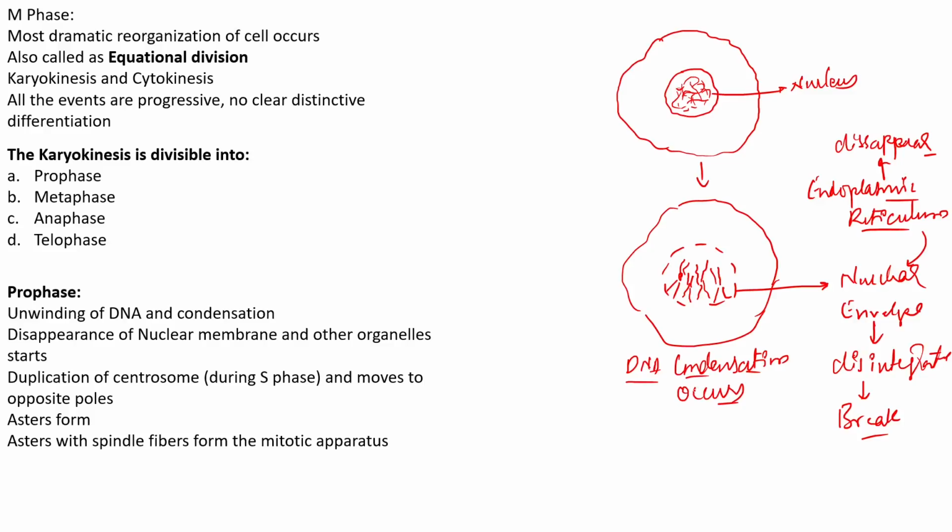Condensation mainly means a compaction of the DNA. So what is the ultimate result after the DNA condensation? The DNA is condensed to form a structure called the chromosome. If we look into the chromosome, we all know that it has two chromatids attached to one centromere.